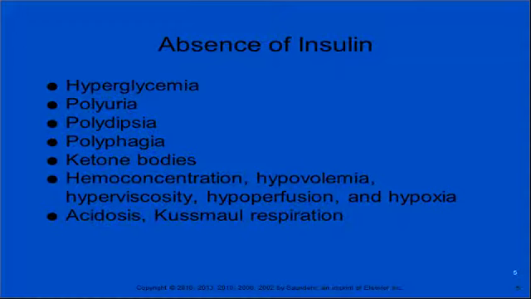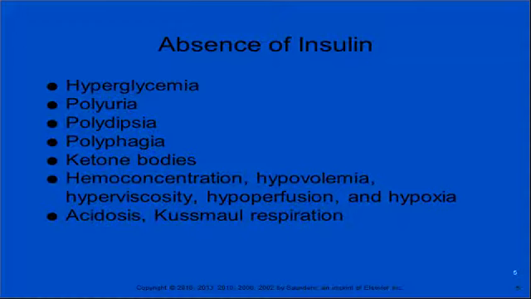Polyuria, of course, is excess urination. It results from osmotic diuresis, with excess glucose in the blood and urine. Polydipsia is excess thirst, and polyphagia is excess eating. So we have excess urine, excess thirst, and excess eating.